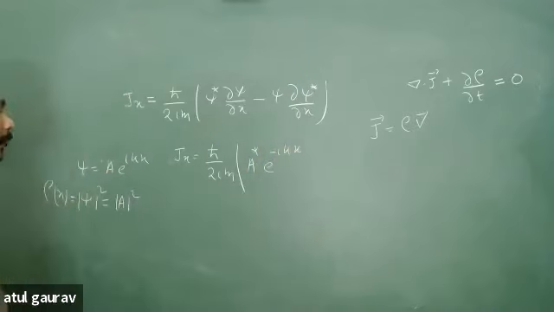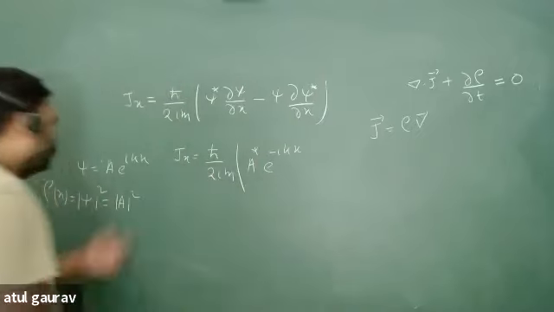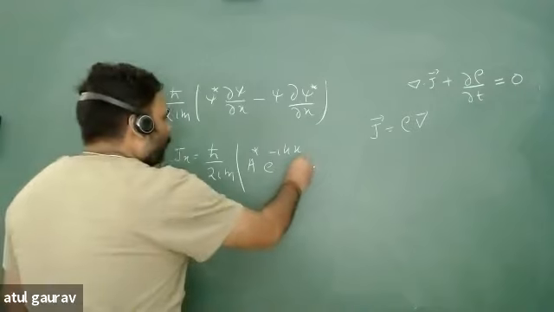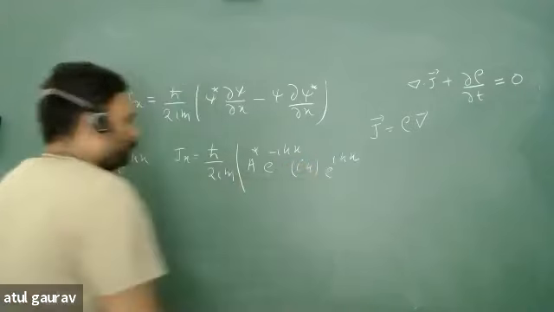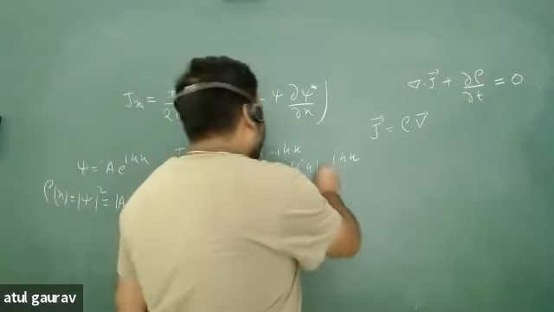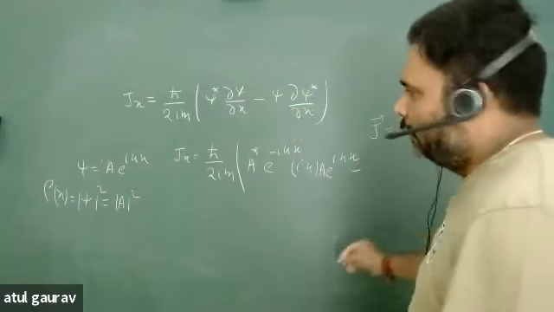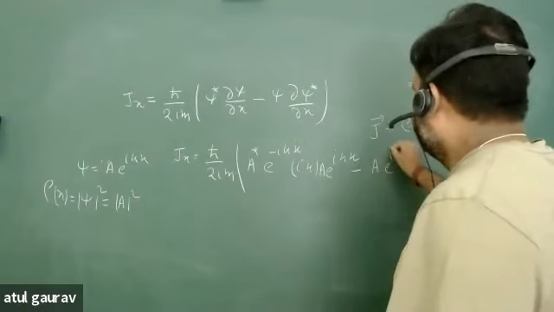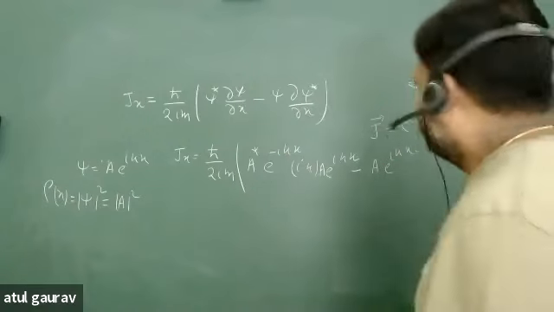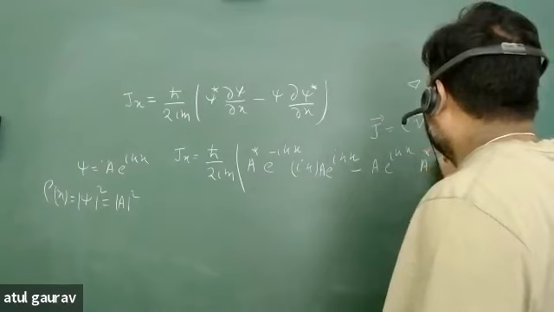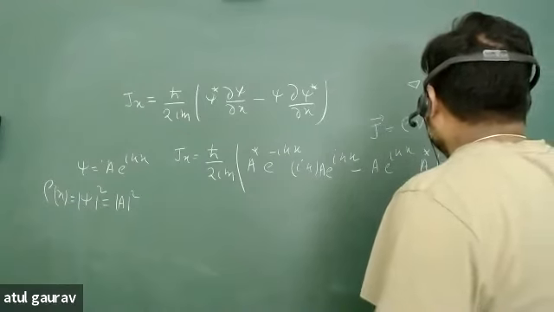Del psi upon del x is ik a e to the power ikx. And next we differentiate psi star, which gives a star times minus ik e to the power minus ikx.